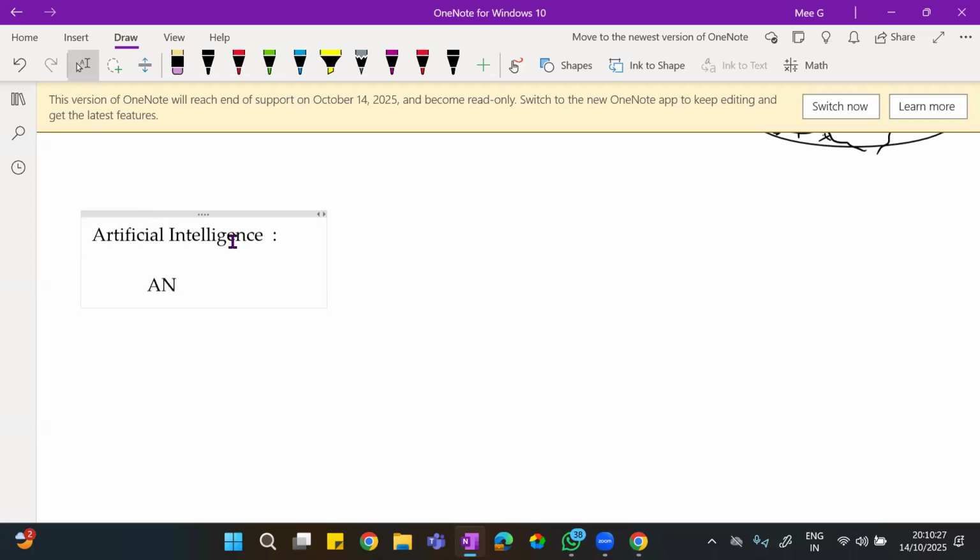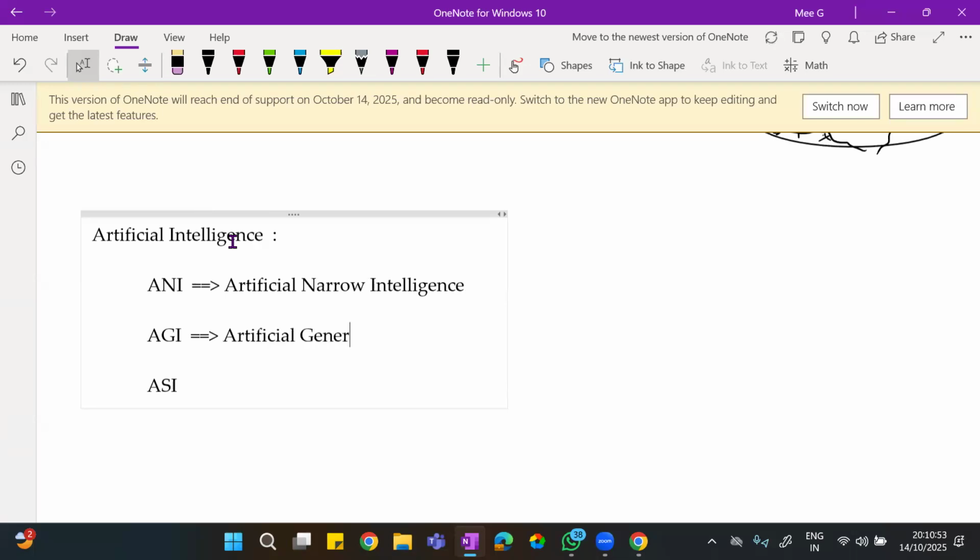One is called ANI, the second one is called AGI, and the third one is called ASI. ANI is artificial narrow intelligence. AGI is artificial general intelligence. The third one is artificial super intelligence.